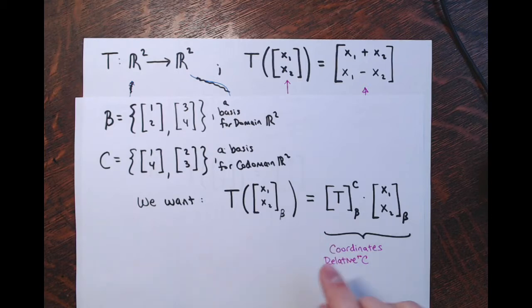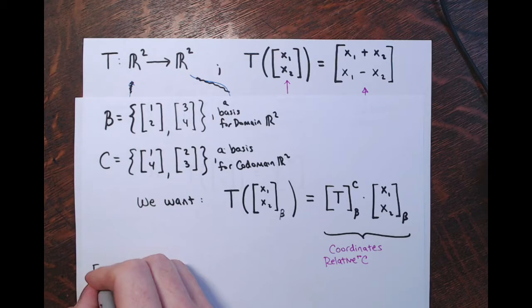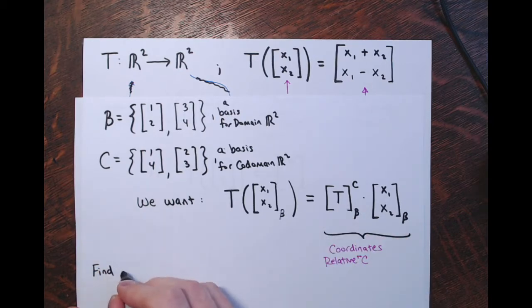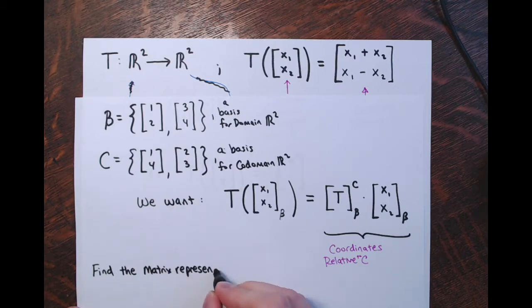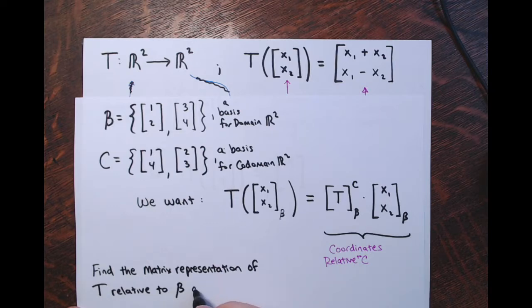All right, so how do we find this matrix? First I'm going to find the matrix that they're asking us for here. This is called the matrix representation of T with respect to basis B for the domain and basis C for the codomain.